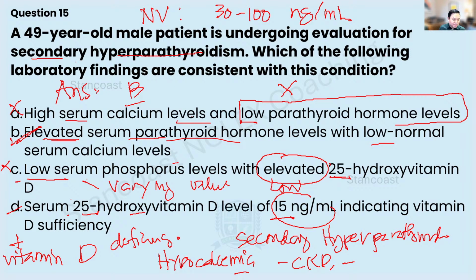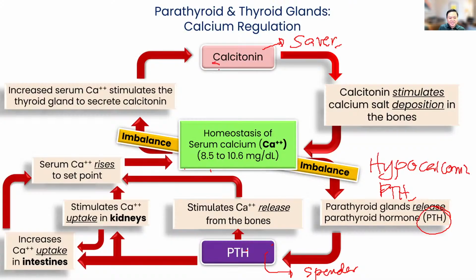But back to Boss Babe. Is Boss Babe still around? Let's go back into that diagram. This is where we should go back to if in case you get confused with the mechanisms. All right? So this is the body's normal compensatory mechanism.